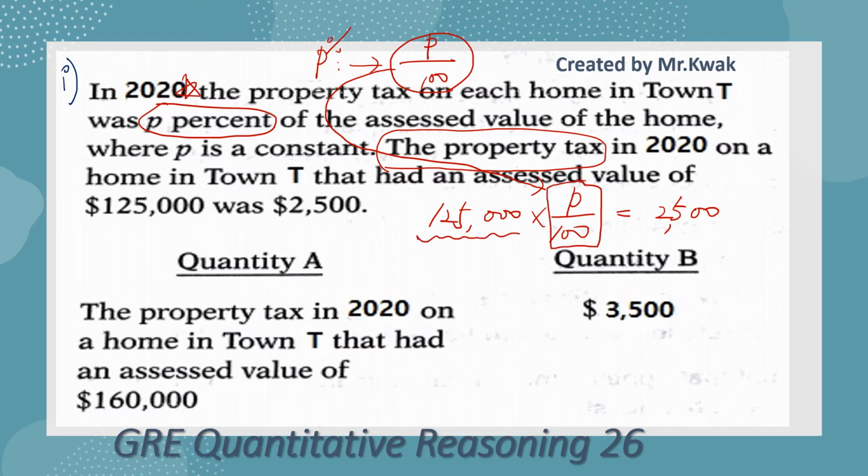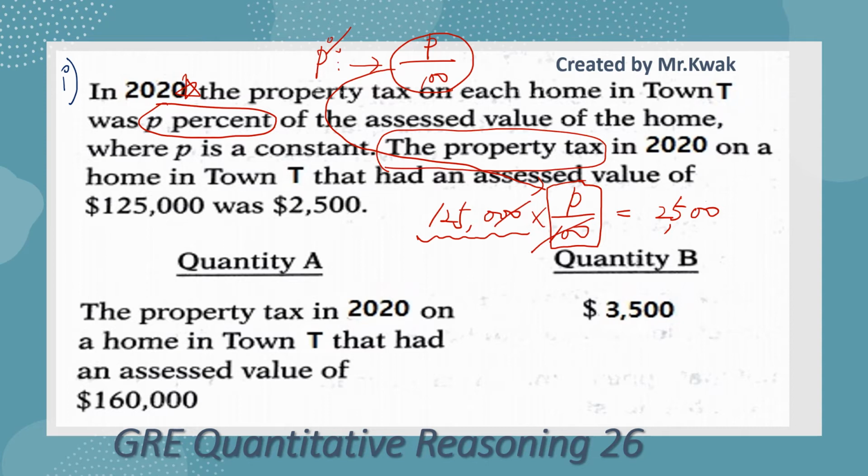And the total value was $125,000. So $125,000 multiplied by tax. In other words, P% could be $2,500. Is that correct? Yes, right, guys. Then let's try to figure out the P%. First of all, reduce.